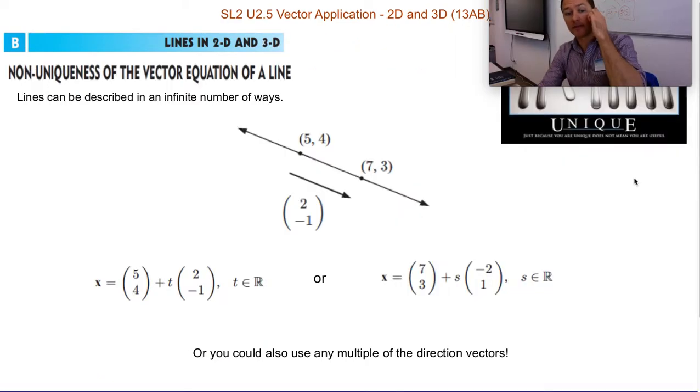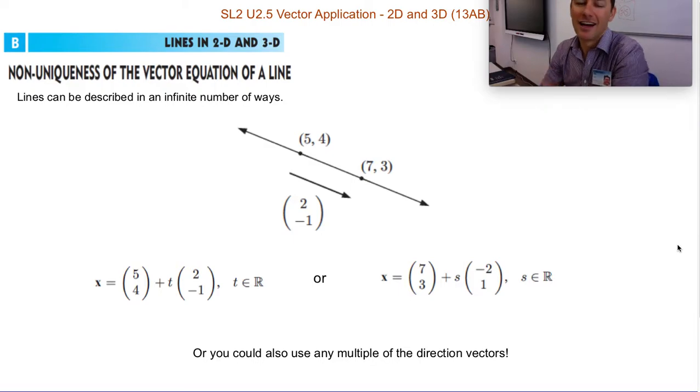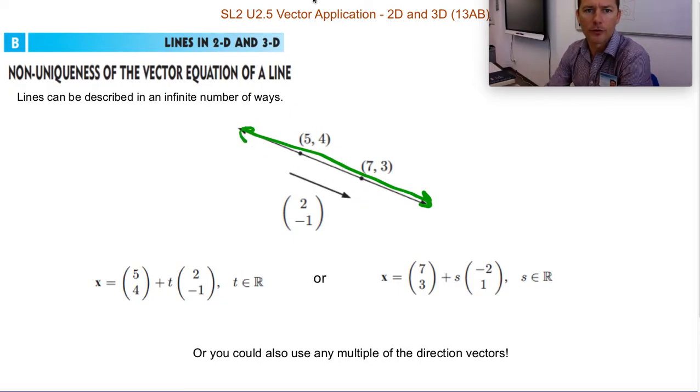The other part of this is that lines can be described in a lot of different ways. So they're non-unique, right? Just because you're unique doesn't mean you're useful. So we can describe this same line in 2 different ways. I know the direction vector is 2, -1. So we can either say start at 5, 4 and move in this direction vector, t times.